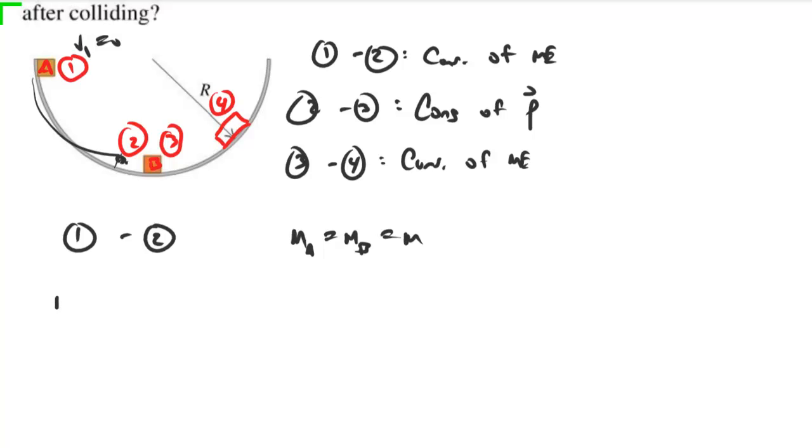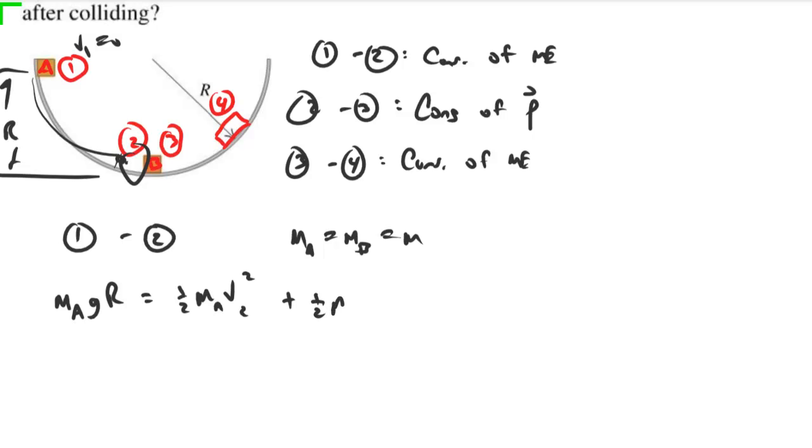At point 1 we have just gravitational potential energy, m_A g times the height, as we discussed. This would be equal to the radius, right? So m_A g r is equal to the kinetic energy at the bottom, which is 1/2 m_A v_2 squared, plus 1/2 the mass of B, but B is not moving, so that's times 0 squared, right?